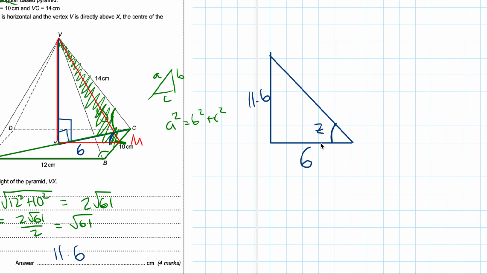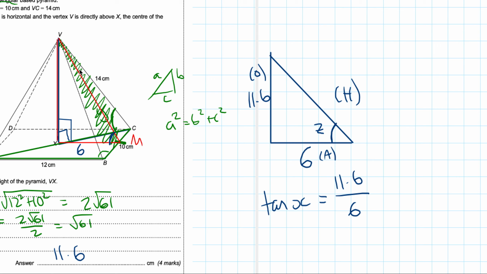We're interested in our angle, let's call it X. So here we're going to use tan. Tan X is equal to opposite, which is 11.6, divided by adjacent, which is 6. Remember, this is opposite, this is adjacent, and this is our hypotenuse. Again, this is not necessarily going to be 14.